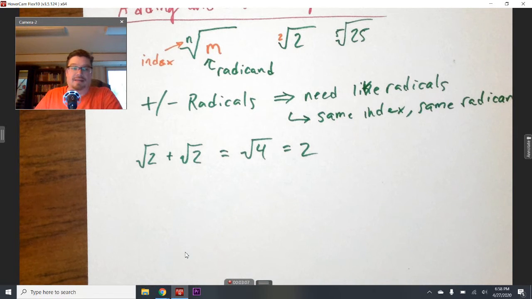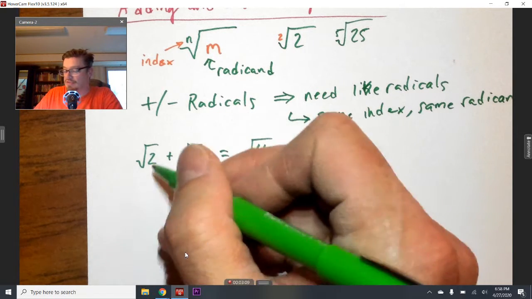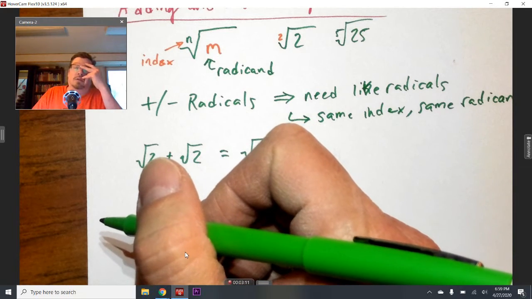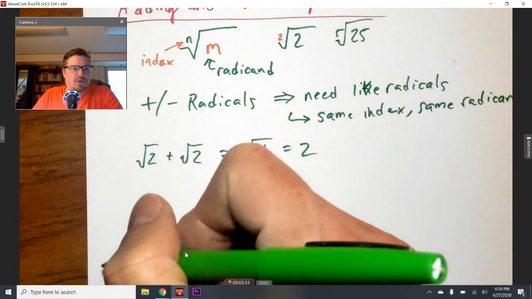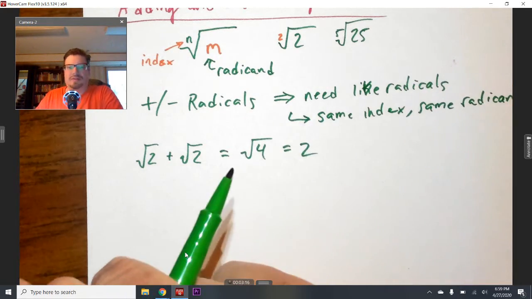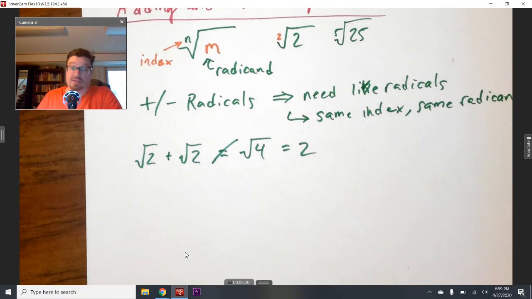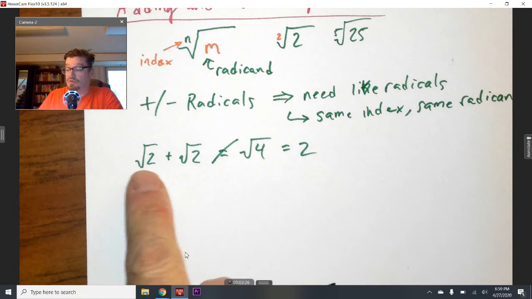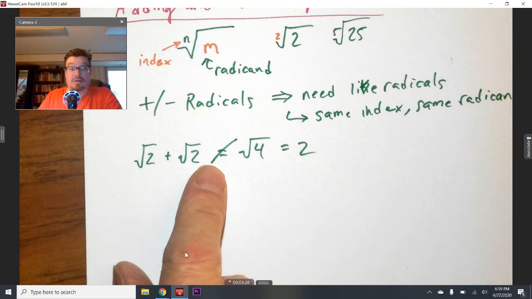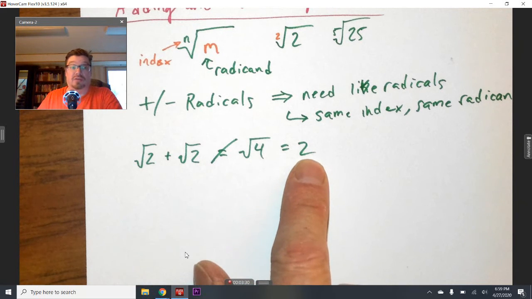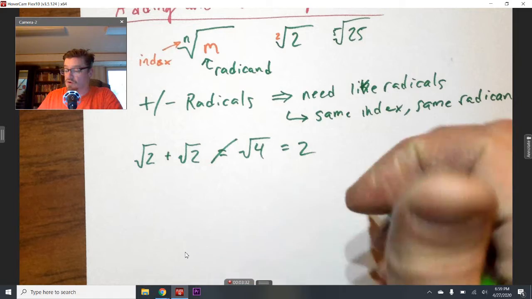Nope, it's not 2, because the square root of 2 is something like 1.4, and 1.4 plus 1.4 is 2.8, so it's much larger than 2. That 2 is locked up in an irrational number. Two irrational numbers added together will not necessarily give you a rational number.